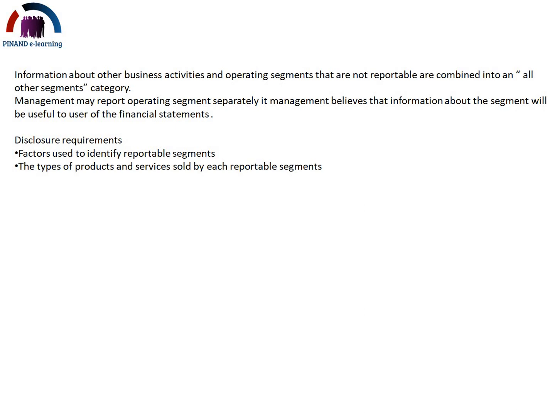If you group A and B, for example, as reportable segments, the other segments, you group them together and call them all other segments. Management may report operating segments separately if management believes that information about the segment will be useful to users of the financial statements.